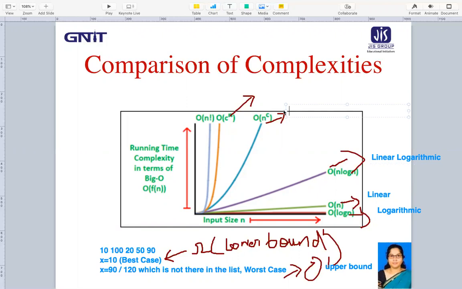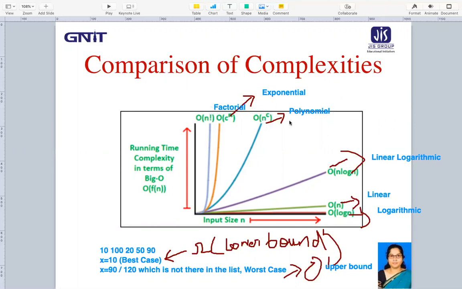This is known as polynomial. And this is known as exponential time. So this is logarithmic time, this is linear time, this is linear logarithmic time, this is polynomial, this is exponential, and this is factorial. So factorial takes the maximum amount of time.